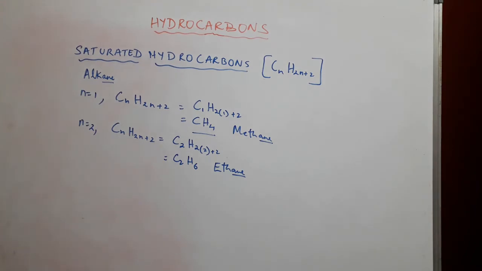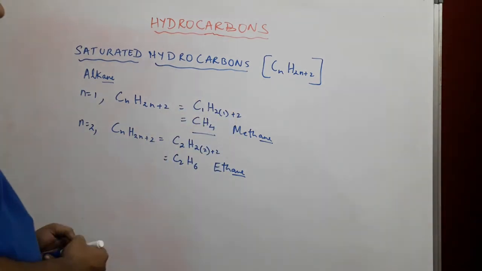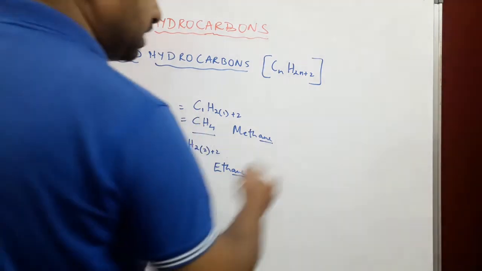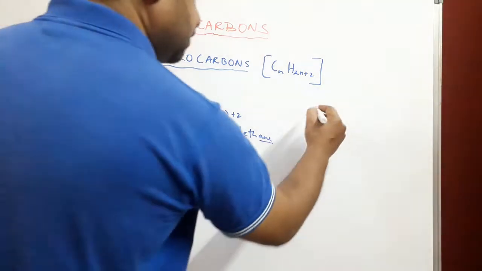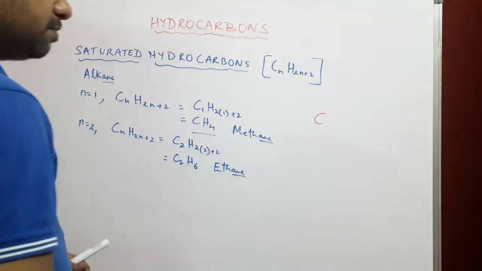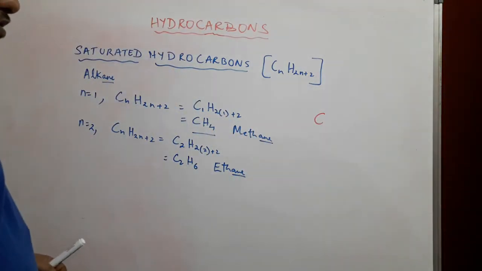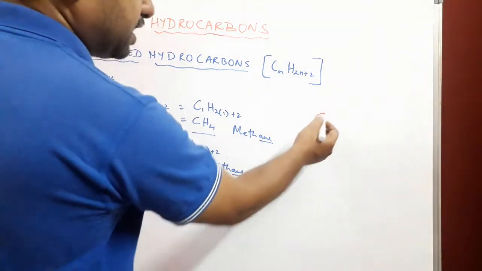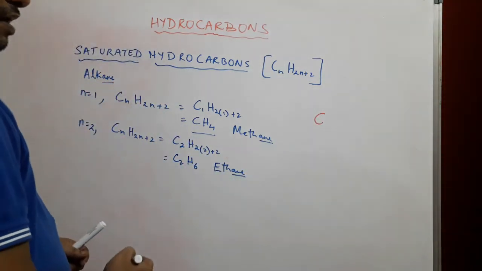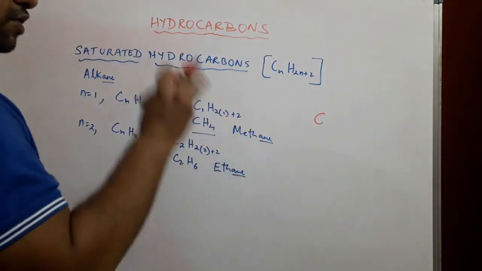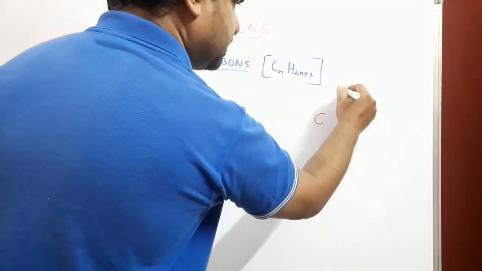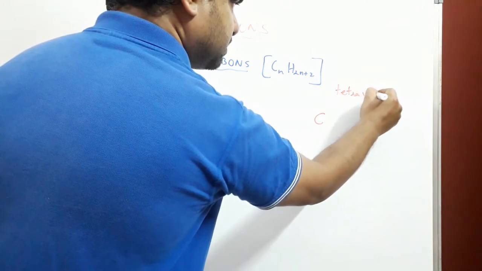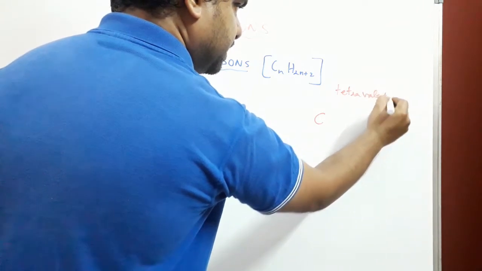Now if we write this in structural form, this is how it will look. With one single carbon atom, you have C, carbon. We know from our previous videos that carbon is tetravalent.